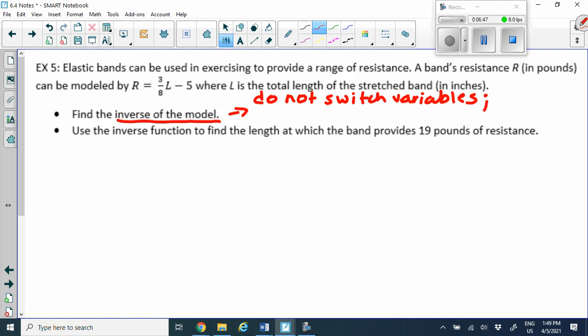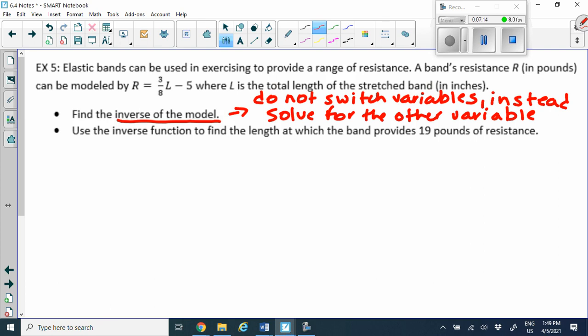Instead, you're just going to solve for the other variable. So I would write this down so you remember. Anytime you have word problems and you're finding the inverse model, you don't want to switch the variables. Instead, solve for the other variable.